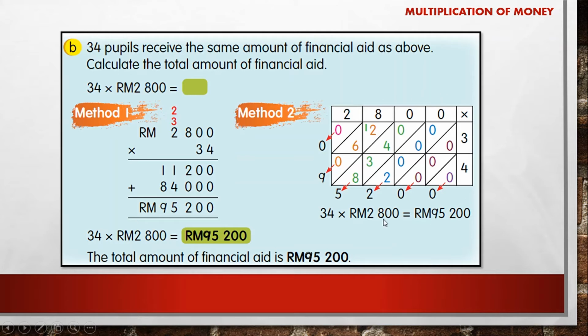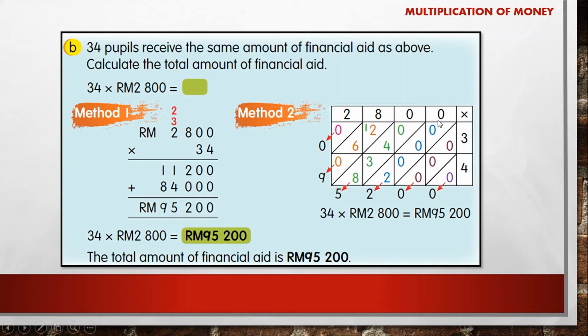Now I want to explain method 2. 2,800 multiplied by 34. Look how to arrange the numbers.